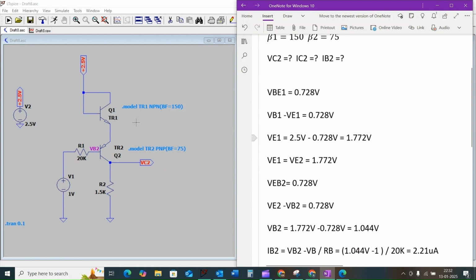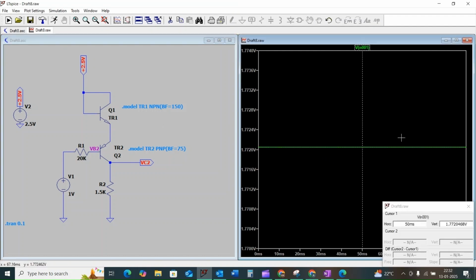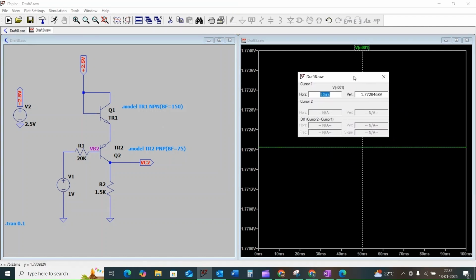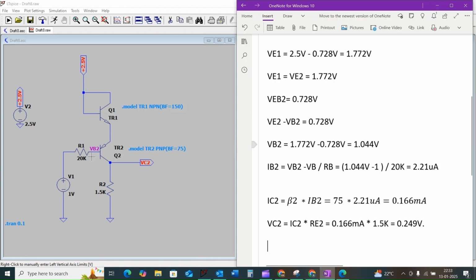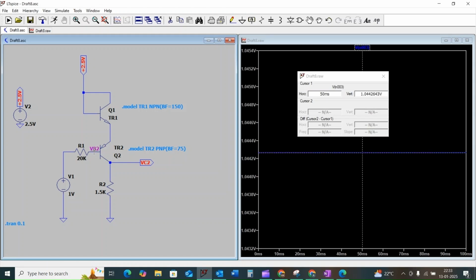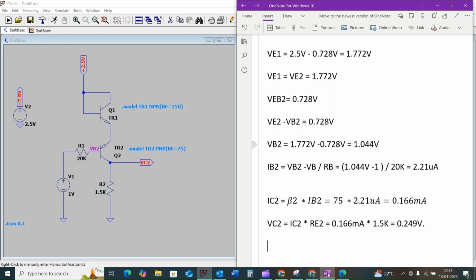The voltage at the emitter terminal of the transistor Q1 is equal to 1.772 volt. Similarly, the voltage at the base terminal of the transistor Q2 is equal to 1.044 volt.